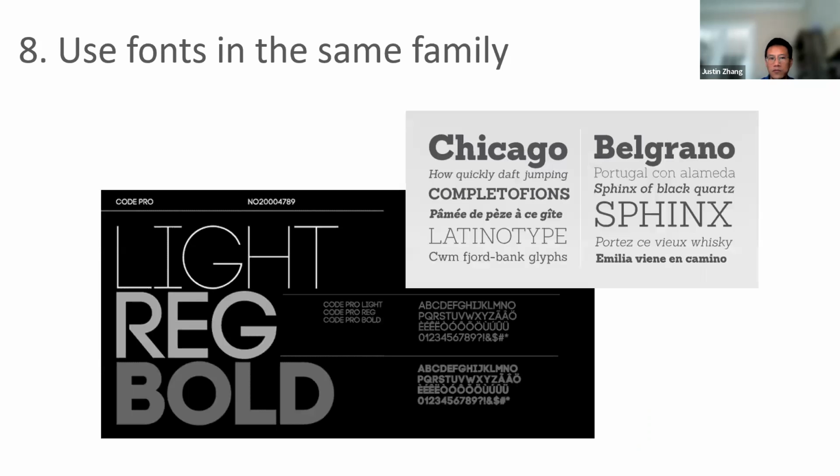Number 8, use fonts in the same family. It's better to use fonts in the same family to make them consistent and to achieve a kind of harmony across the entire category of serif and sans serif typefaces.